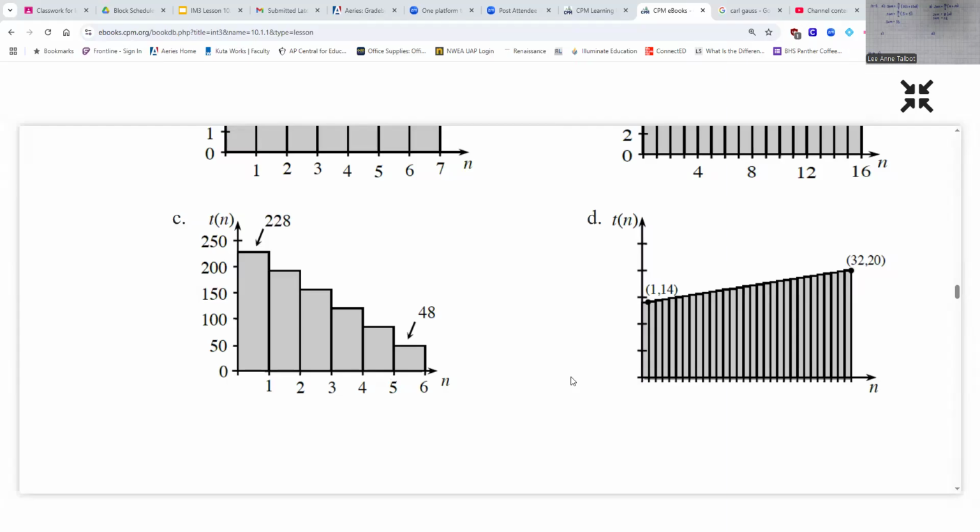B. Sum equals. How many bars are there? 6 over 2. What's the height of the first bar? 228 plus height of the last bar.